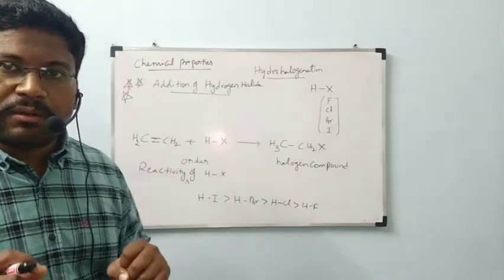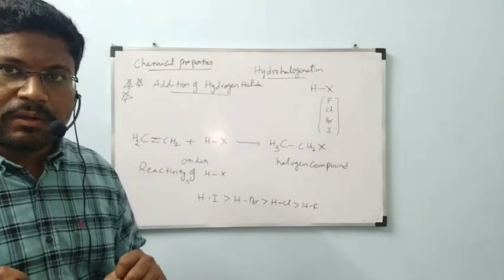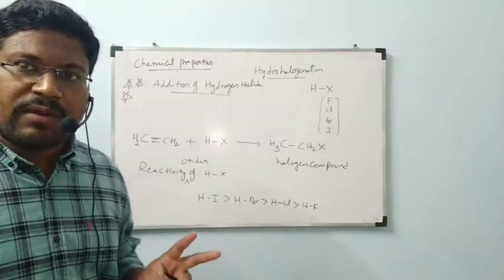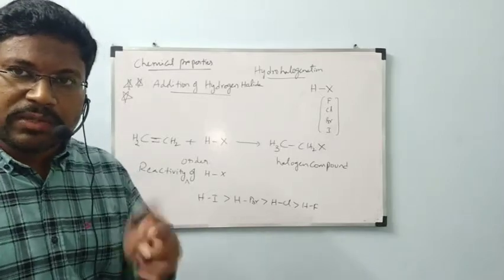Now, coming to the point. Here we have to consider two types of alkenes. What are those two types? Let us see.